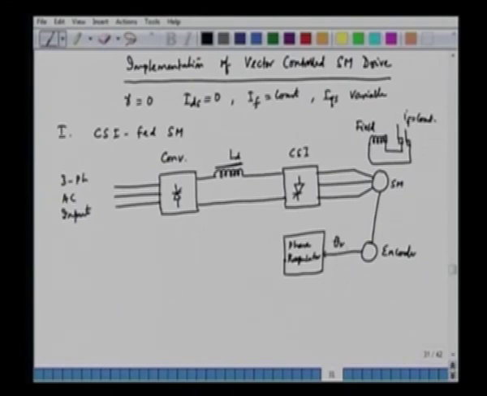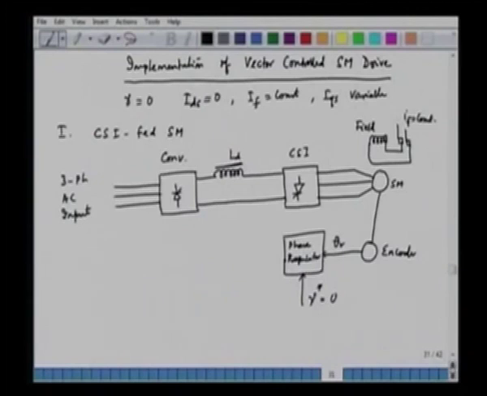And here, as we already discussed, we can make gamma reference, gamma star, equal to 0. We are talking about the vector control drive. So, we can make gamma, this angle between IQS and IS phasor, equal to 0. And then we have a current feedback here, so we have a current regulator.